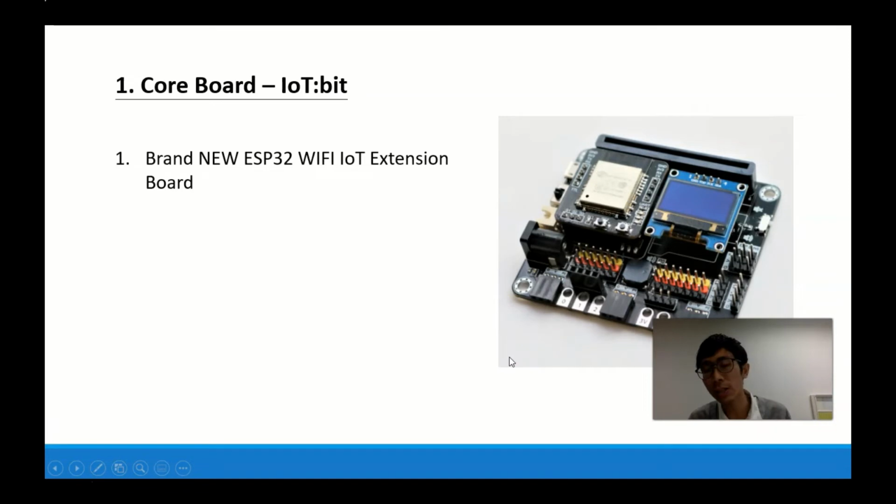It uses the ESP32, which is more powerful than the ESP8266. Some of you may have used other Wi-Fi chips or Wi-Fi extension boards in the market, and some of the IoT boards use the ESP8266.